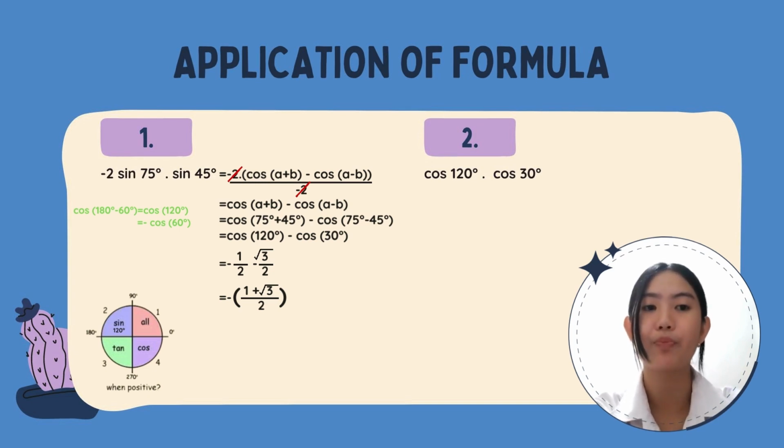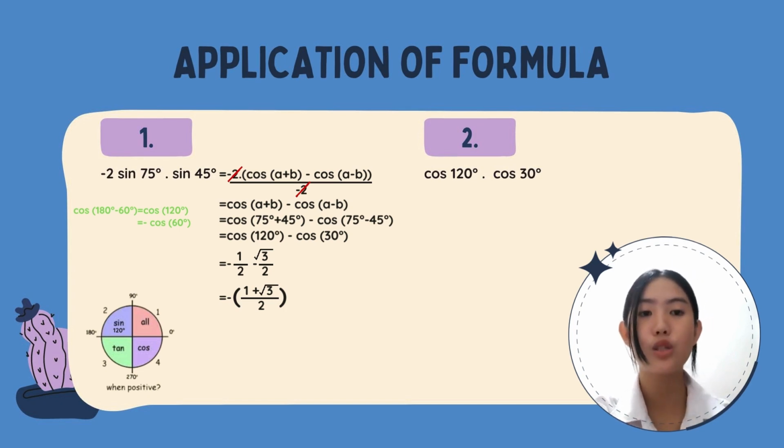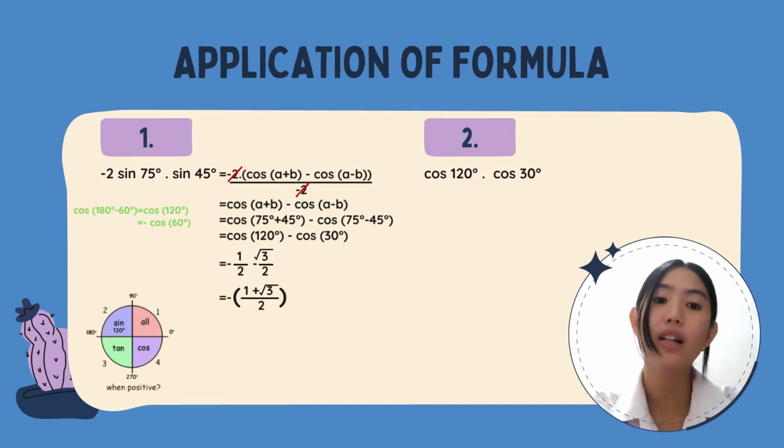So it's just the same. And why are the two merged together? Because as you can see right here, it's a subtraction. When it comes to a subtraction or addition, the denominator belongs to both of the numbers. So in this case, 2 belongs to 1 and root 3, so we can just merge it together. So the final answer for the first question is negative (1 plus root 3) over 2.